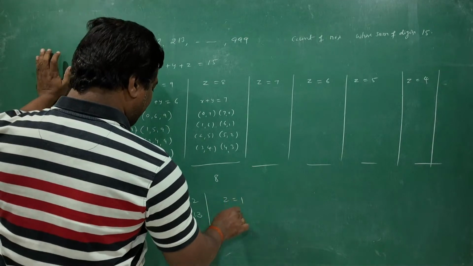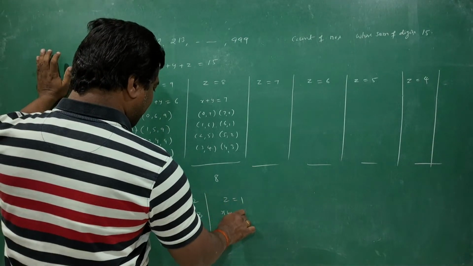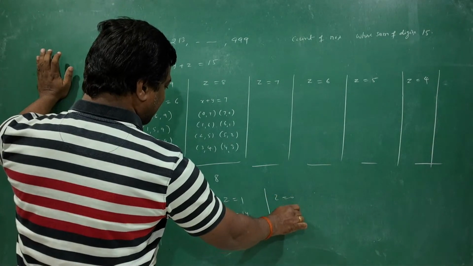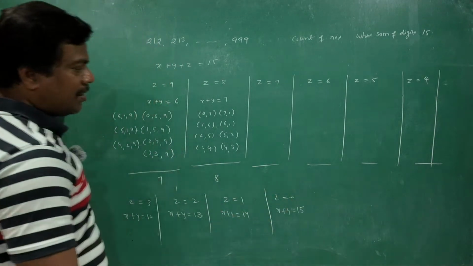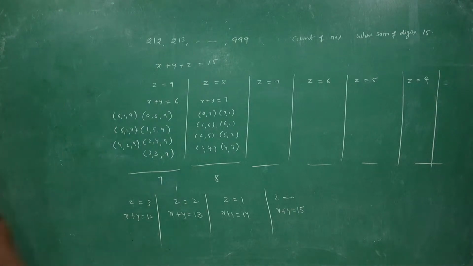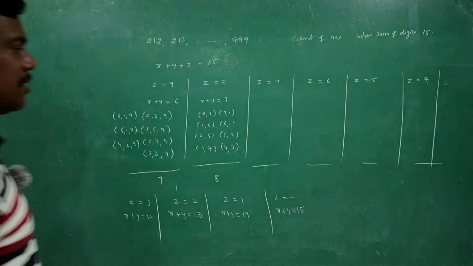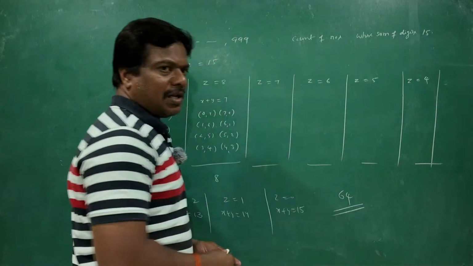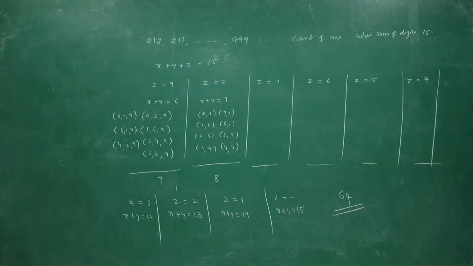Next z equal to 1, x plus y is 14, up to z equal to 0, x plus y equal to 15. So in this way you have to count all the ordered pairs. That gives finally the answer 64. Okay, let us move to the next question.